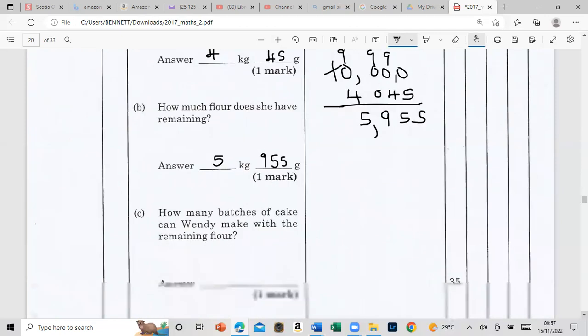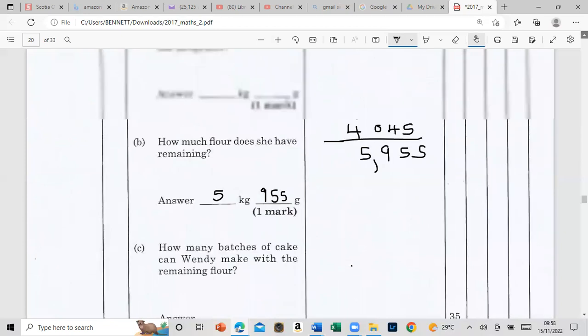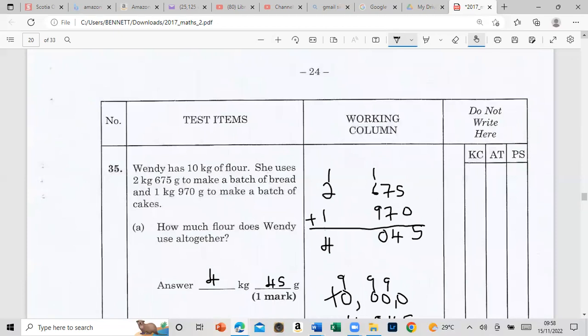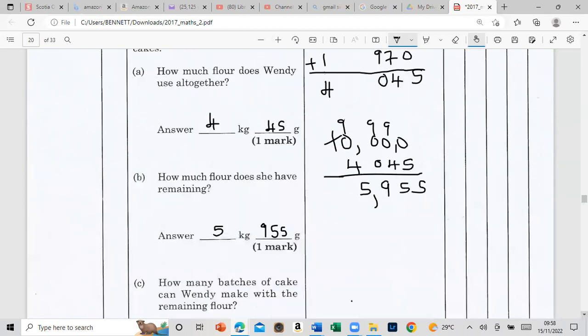Alright, C says how many batches of cake can Wendy make with the remaining flour? Let me see. So we have 5. What do you take to make one cake? I have to go back up. What do you take to make one? So you take the usage to make a batch of bread, and 1 kilogram, 970 grams to make a batch of cakes.